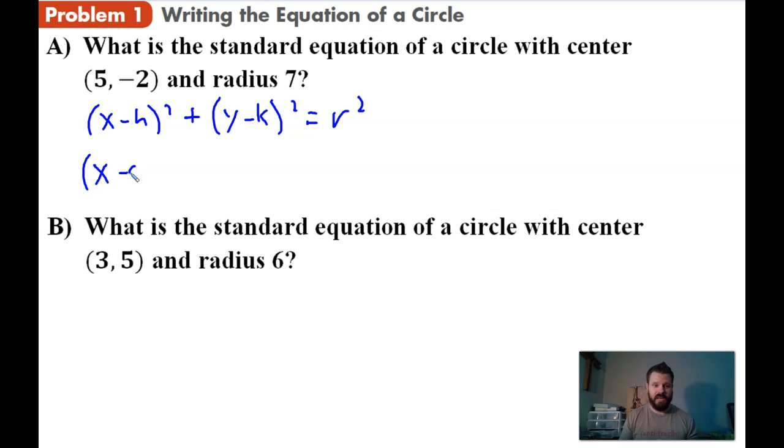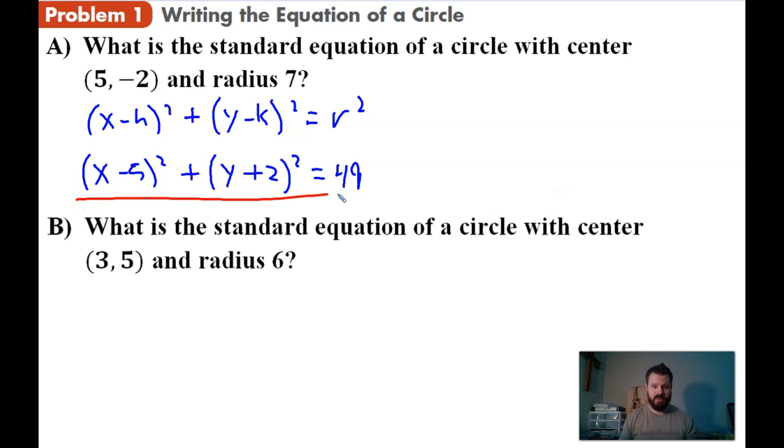So we'd say (x minus 5) squared, plus (y minus negative 2), in other words, plus 2, squared, is equal to the radius 7 squared. And instead of 7 squared, we could just say 49. That's a standard form equation. That's going from a point and a radius to an equation.